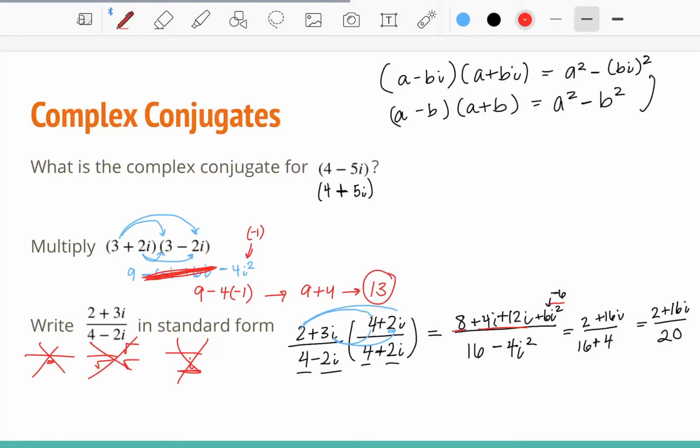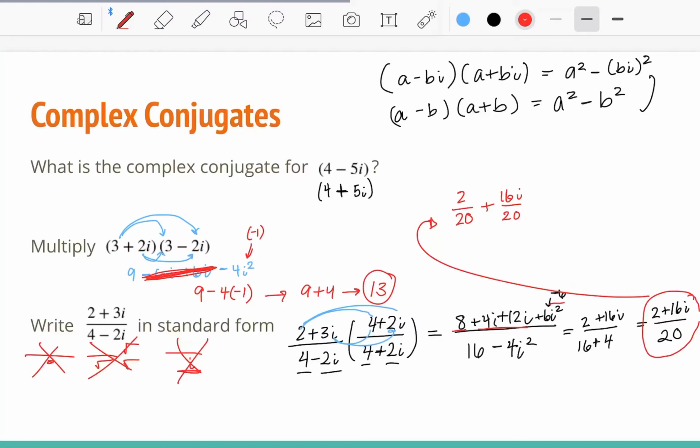Now I do want to simplify this for sure. So I can break that down. I can factor out 2 from each part. You know what? No, let's split up the fraction first. We can do that first. 2 over 20 plus 16i over 20.